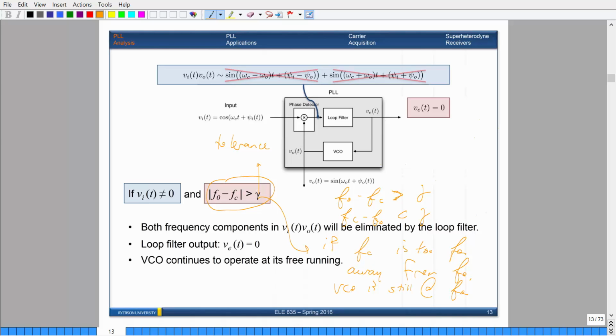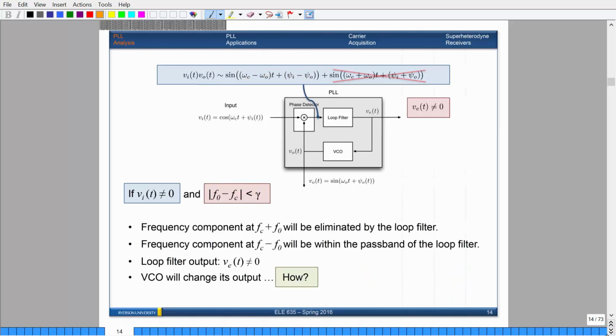There's a certain tolerance: if your carrier frequency is within some predefined range, it'll be able to track and give you an output oscillation that matches the two. But if you make the two values very, very large, then you're not going to be able to track. The output will simply be whatever frequency you set the voltage controlled oscillator at.